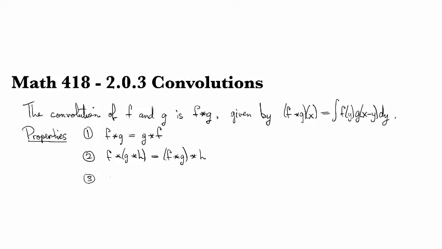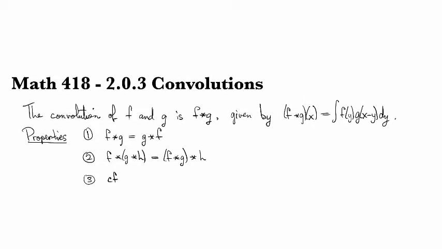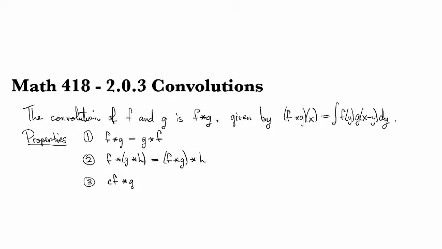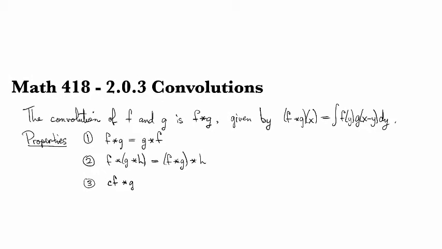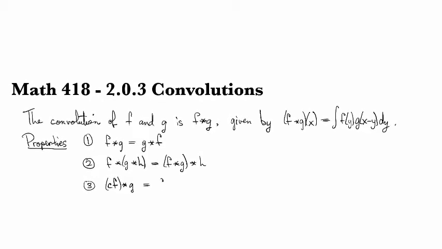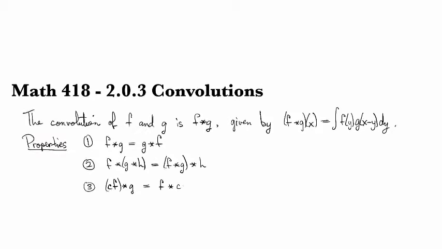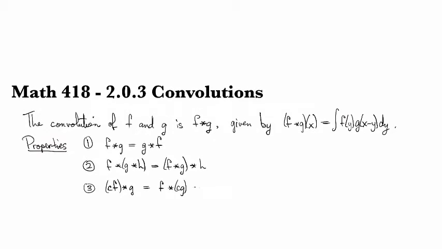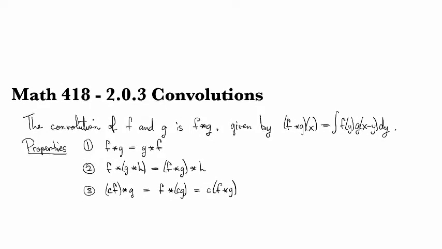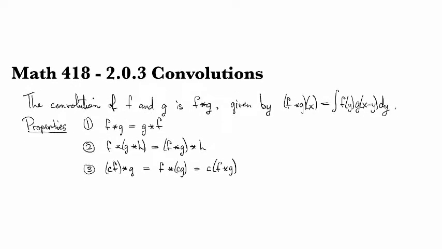Now secondly, if I have the integral of c times f, times g, then I can put the constant next to f, or I can put the constant next to g, or since it's a constant, I can pull it out of the integral altogether, and it doesn't matter where it is.